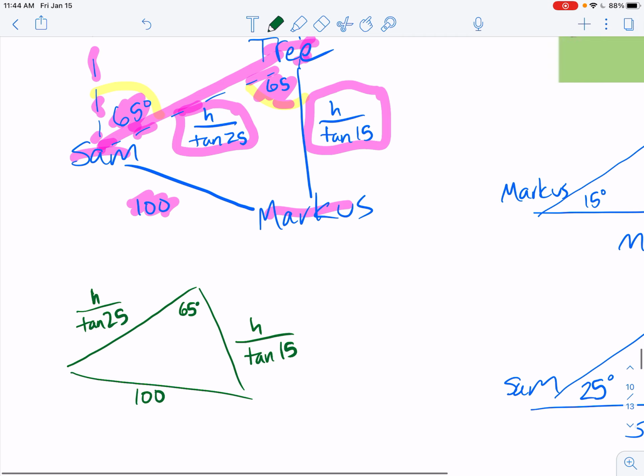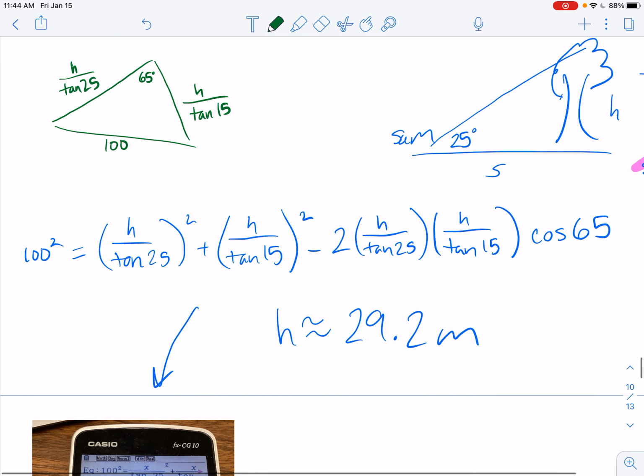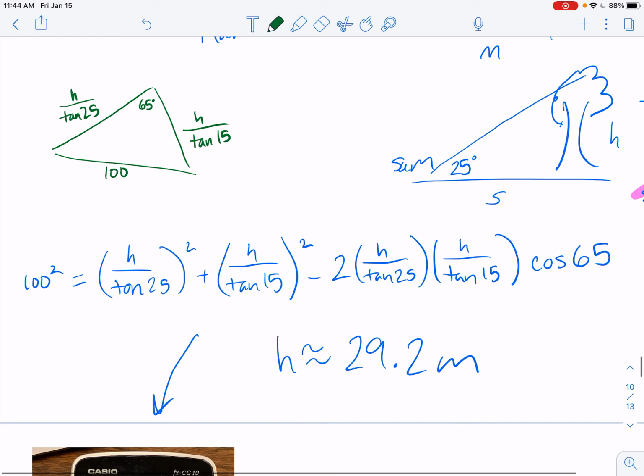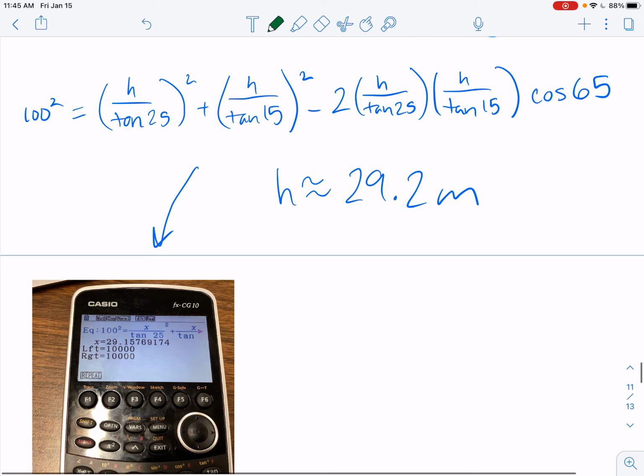So once I knew that, this is gross, but I can use the law of cosines. I can think of this as c squared equals a squared plus b squared minus 2ab cosine C. So I plugged in all the different parts, and this became a really gross equation that I was not about to solve by hand. So I went to my calculator and used the equation solver and typed all that in.